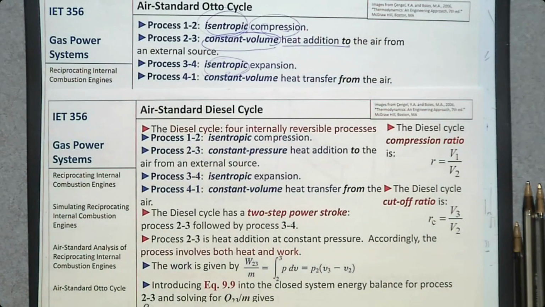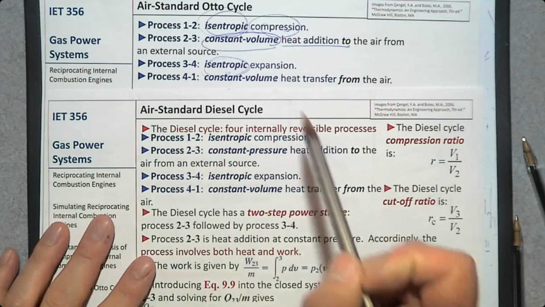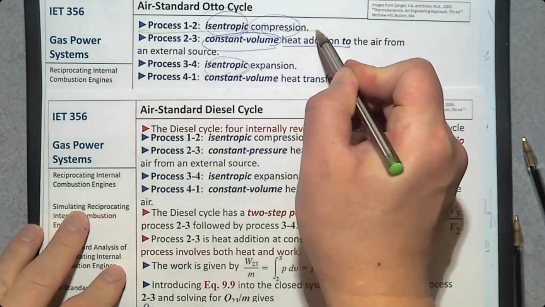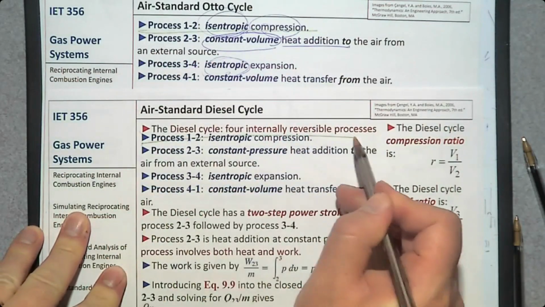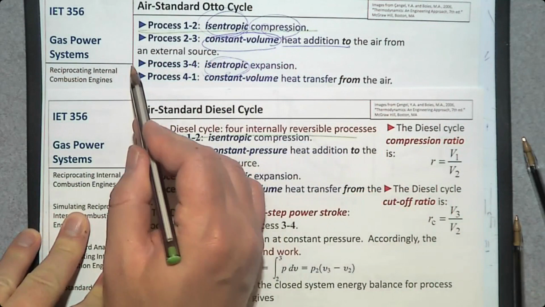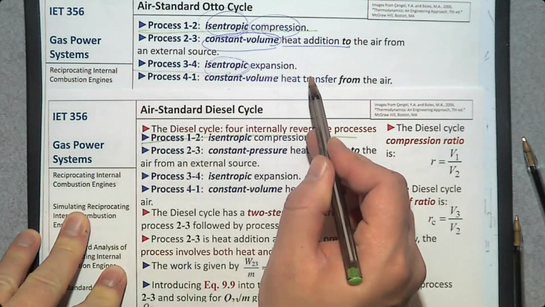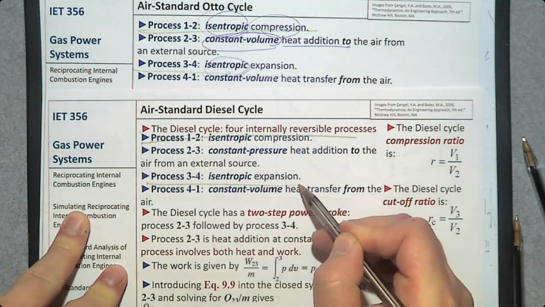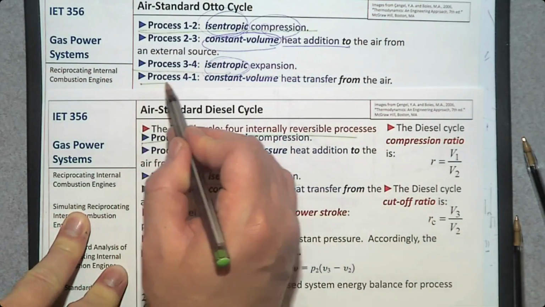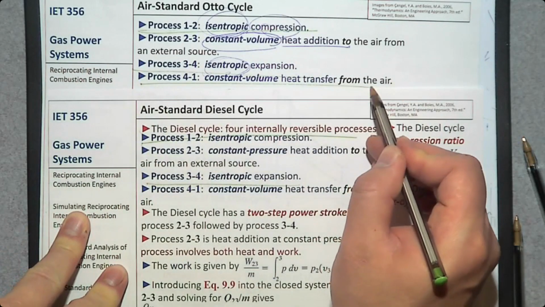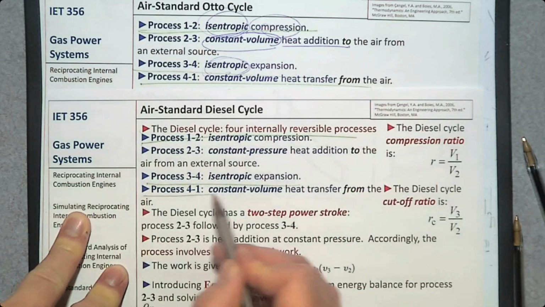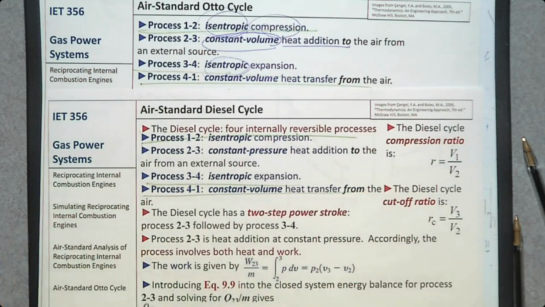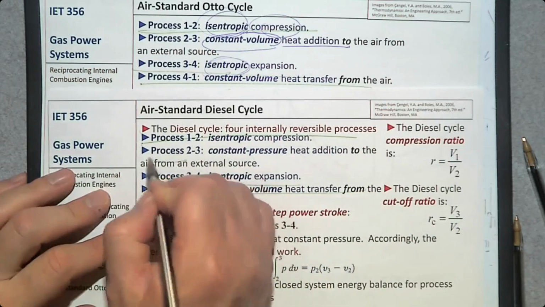Process 1 to 2, isentropic compression. Process 3 to 4, isentropic expansion. Process 4 to 1, constant volume heat rejection. The only difference, as you can see, is process 2 to 3.